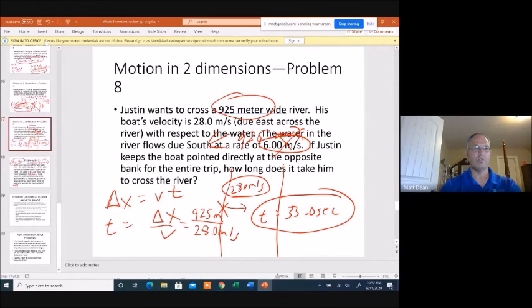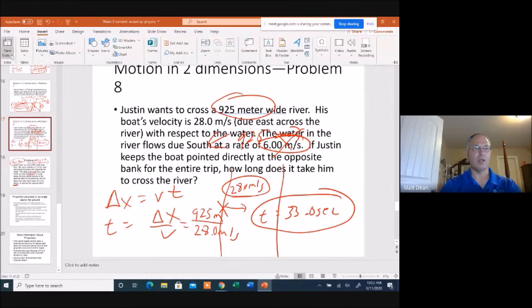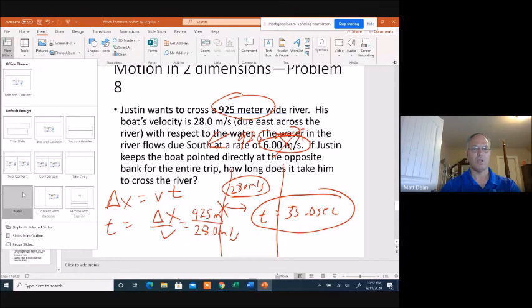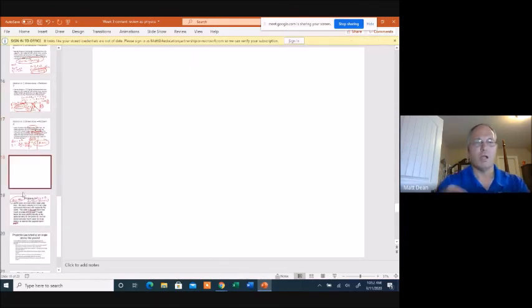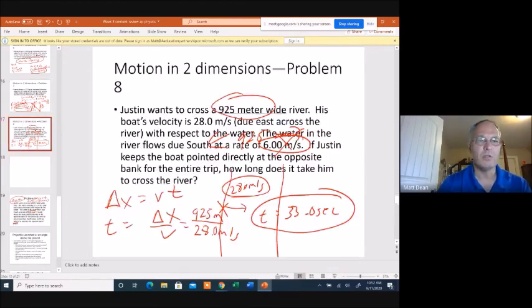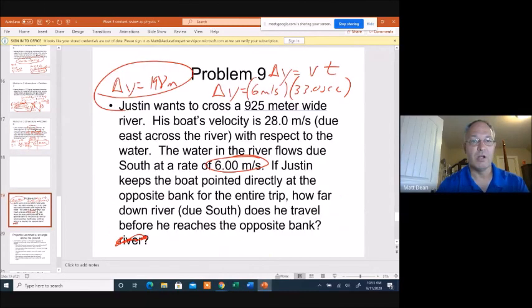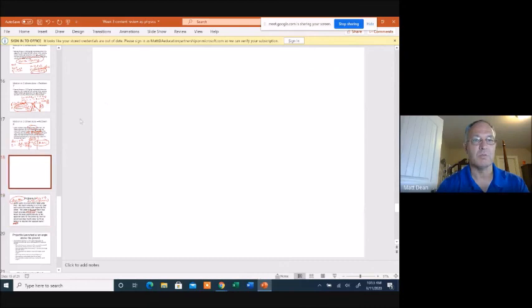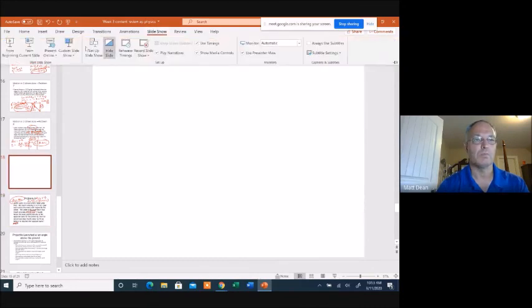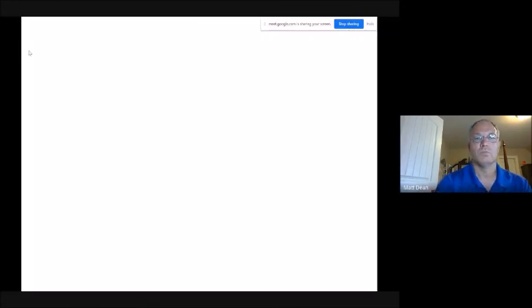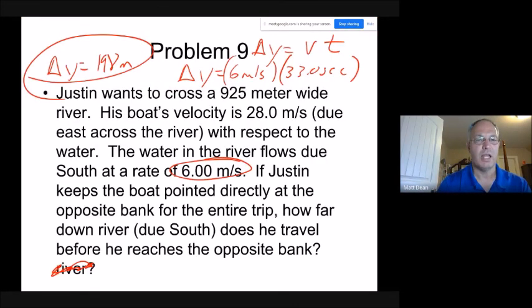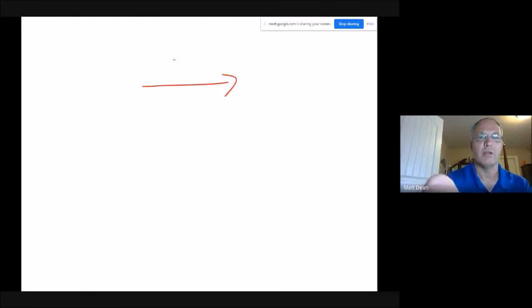All right, so we're asking for his resultant displacement, and we've got to remember that he went across the river 925 meters, and he went down the river 198 meters. So cross river, 925, and down river, 198.